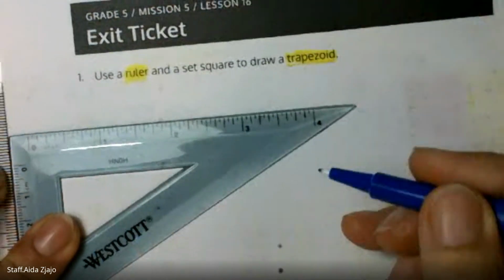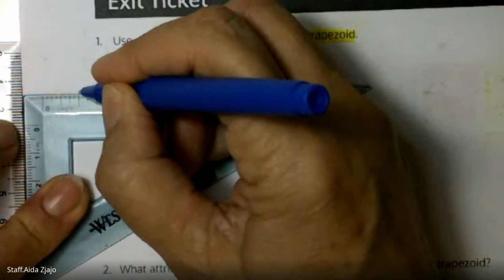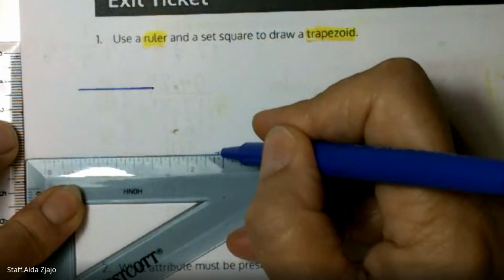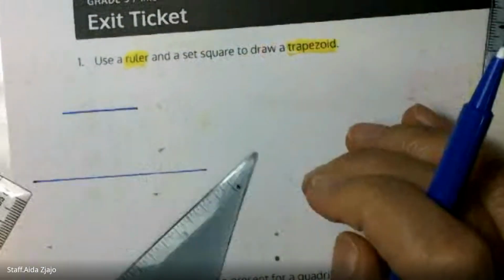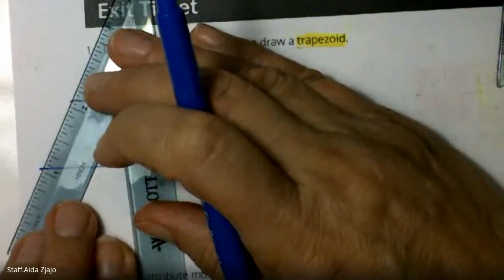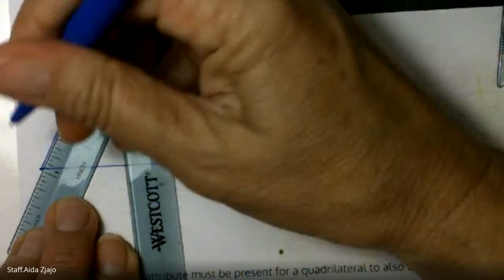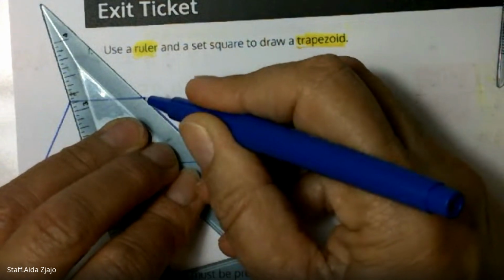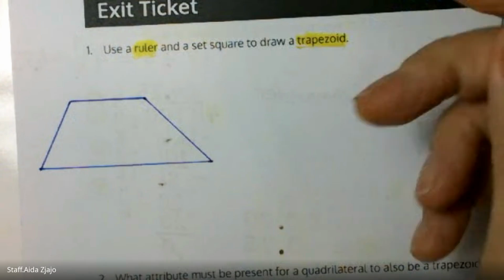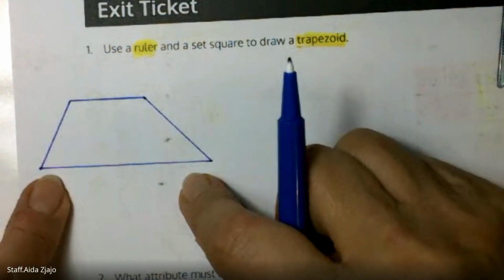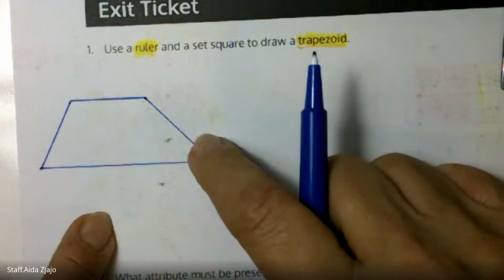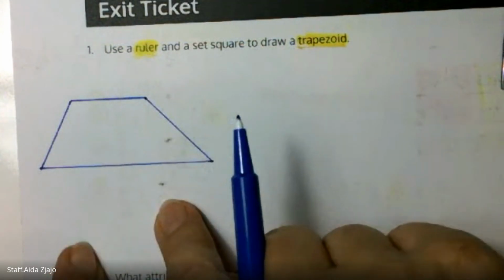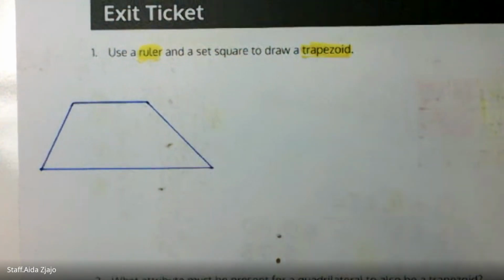So if this is a parallel line, I'm going to draw the next one down a little bit longer, and the sides, if I connect these two and these two, the angles will not be the same. You will not have these two angles the same, or these two, and also this side is not congruent to this side. So this is irregular trapezoid.